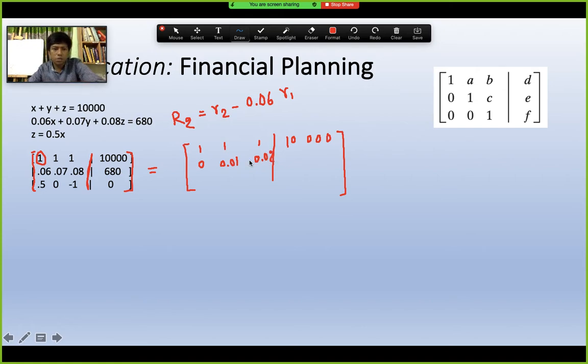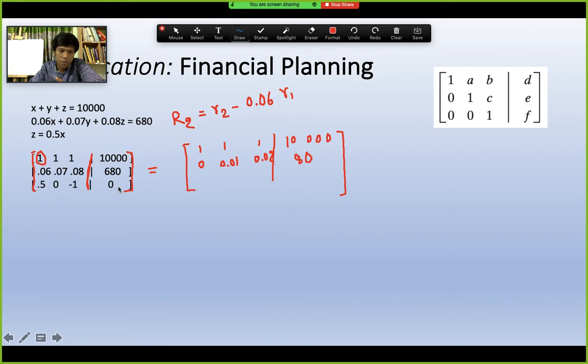And 10,000 into 0.06 equals 600. So 680 minus 600 equals 80. And this time there is a decimal here. Decimal numbers are a little bit of a problem.